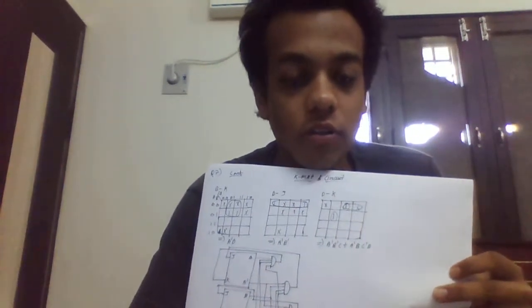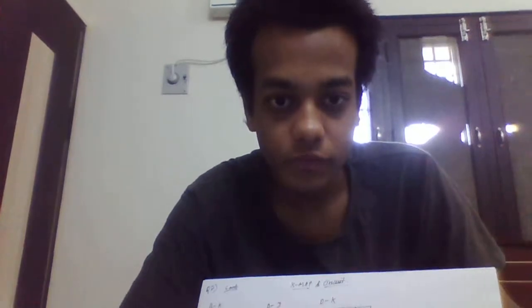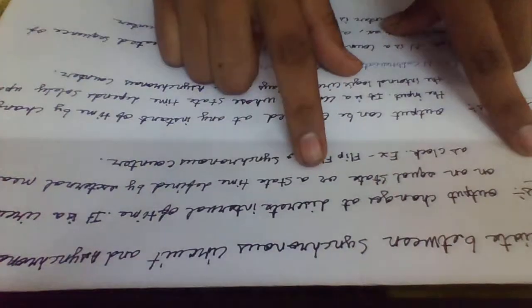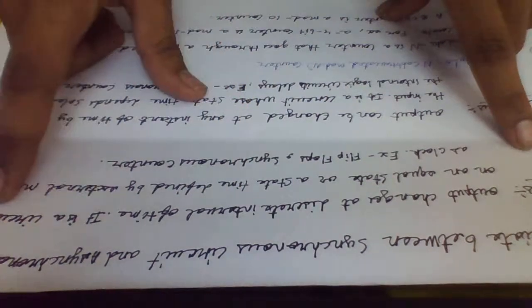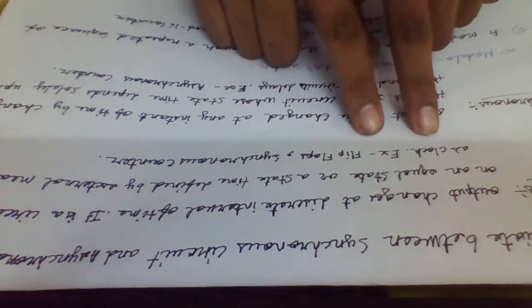Now jumping on to the 8th question. Now these are theory questions, 8th and 9th. The question says: differentiate between synchronous counter and asynchronous counter. In a synchronous counter, output changes at discrete intervals of time in a circuit, based on an equal state time defined by external means such as a clock.